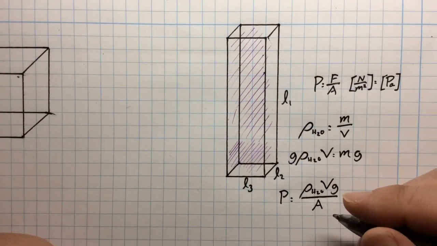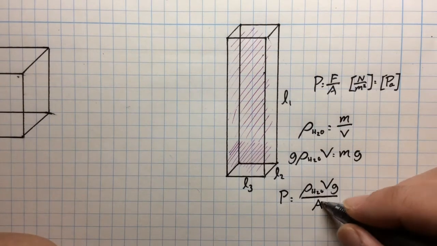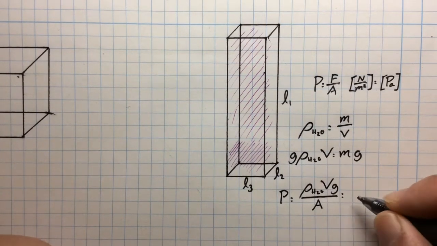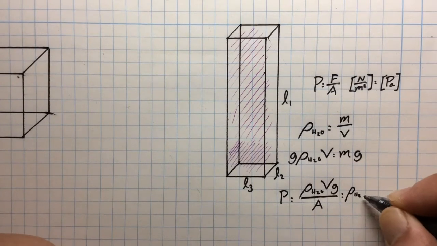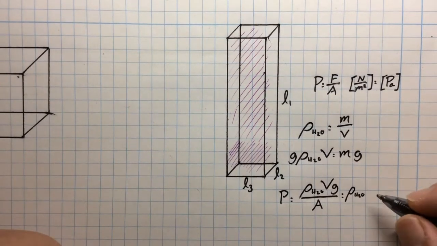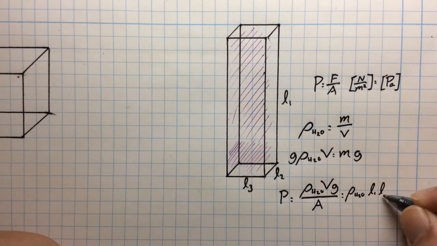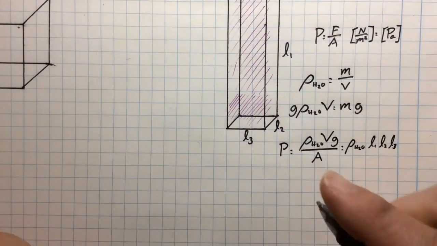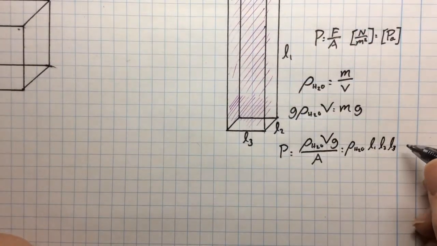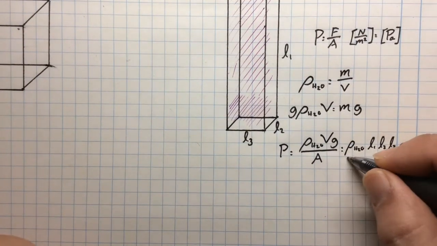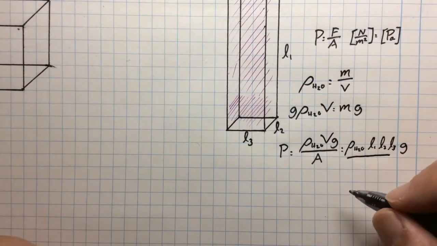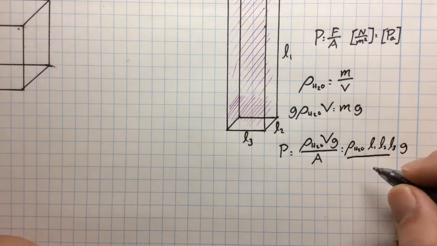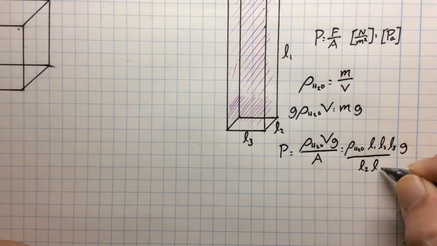Now, if we look at what the volume and area are, the volume is going to be L1 times L2 times L3, since we've got this rectangular prism here, multiplied by g, and we divide this by the area of the bottom, which would be L2 times L3.